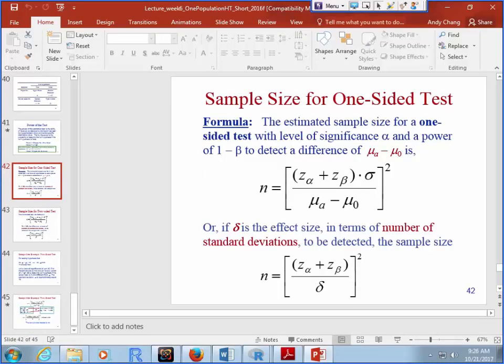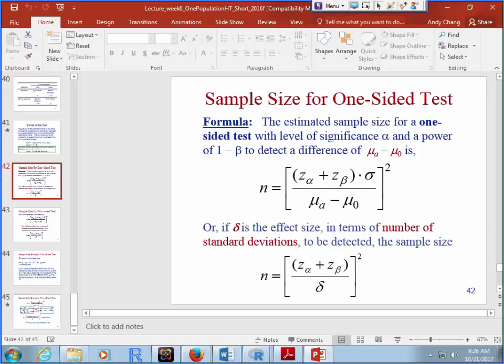When you have a one-sided test, you have a formula like this or this. It really depends on whether standard deviation is available or not, right? If standard deviation is available, then you can specify the effect that you wish to detect just by its units, 10 units or 2 units. But if you don't have standard deviation, sometimes people specify the effect size, the difference you want to detect, in terms of number of standard deviations.